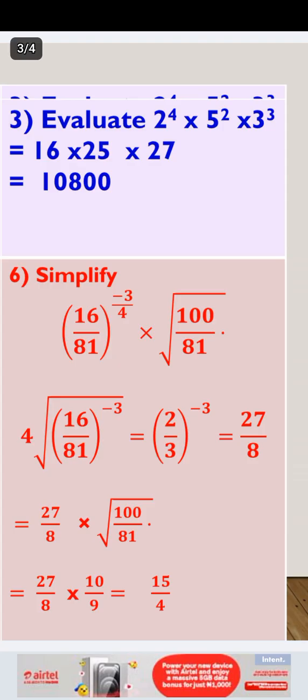And 2 divides 10, we have 5. So on the numerator we have 3 times 5, and the denominator we have 4. 3 times 5 is equals to 15. Then 4 times 1 is equals to 4. So automatically the answer becomes 15 over 4.